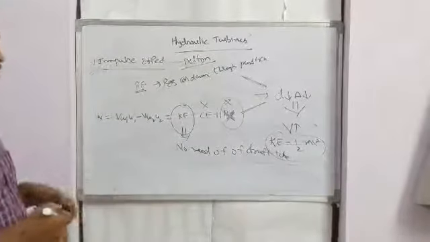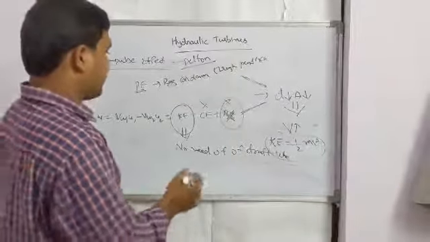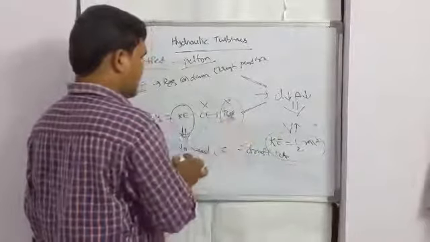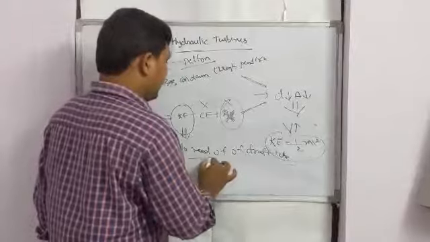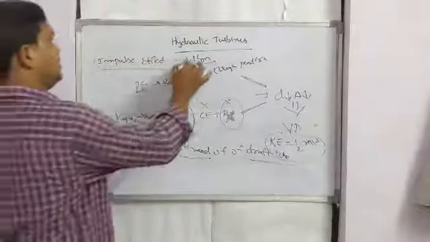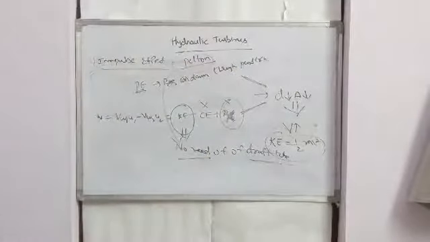We need a closed conduit or sealed type of environment in the turbine. But if there is no reaction effect, there is no closed conduit. So we don't need any draft tube for impulse turbines like the Pelton wheel. There is no requirement of a draft tube.